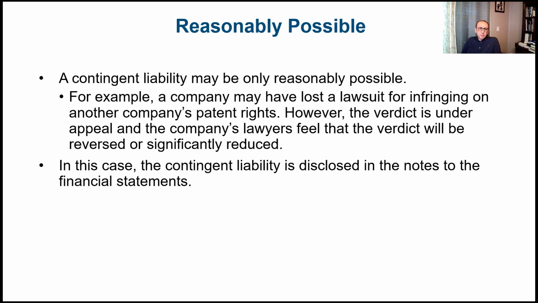For example, a company may have lost a lawsuit for infringing on another company's patent rights. However, the verdict is under appeal and the company's lawyers feel that the verdict will be reversed or significantly reduced. In this case, the contingent liability is only disclosed in the notes to the financial statements. Again, we cannot create or record a contingent liability in this situation.